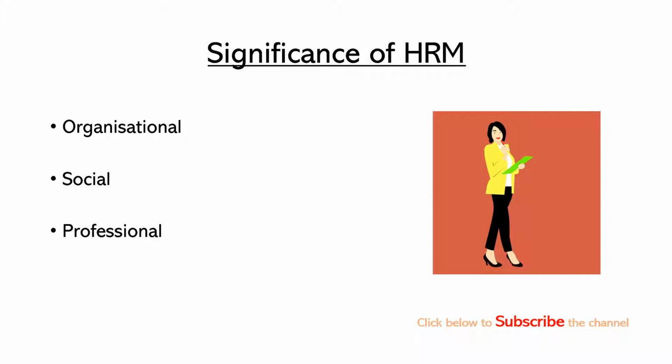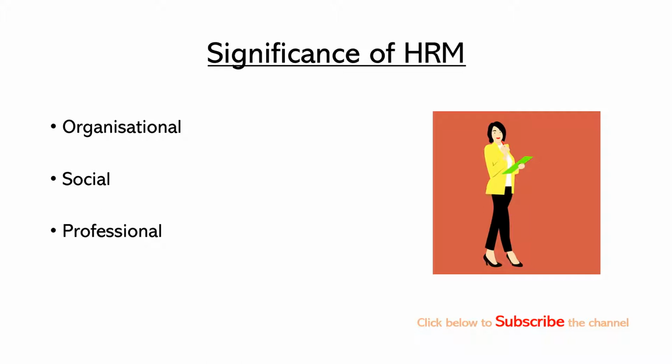Now, the first one is organizational significance. Organizational importance means effective utilization of human resources. Like I said, if you hire people who are qualified in human resources, who have that empathy quality, you can utilize your human resources in an organization well. You can make them understand the requirements of the organization, thereby improving their performance.